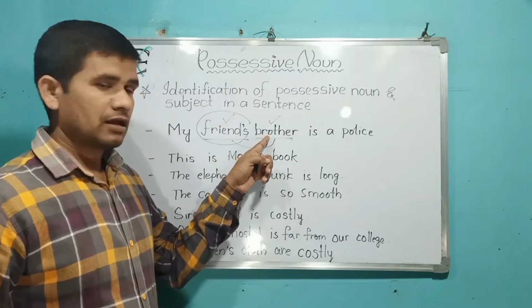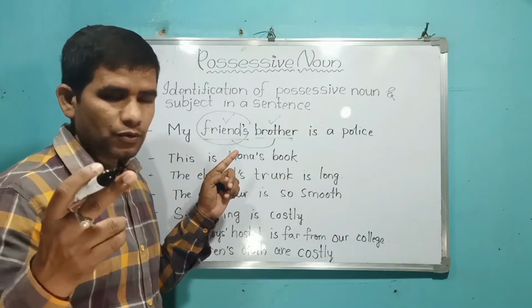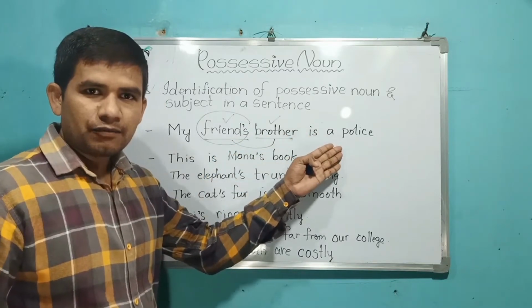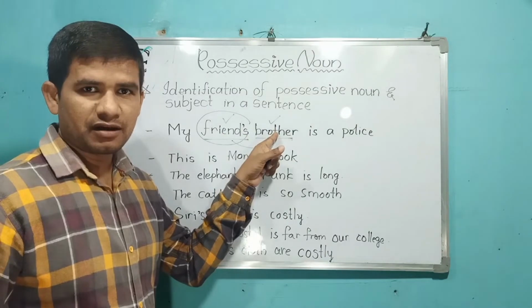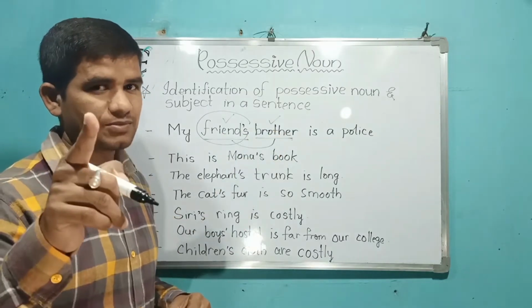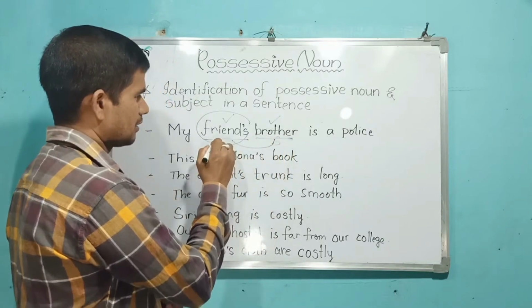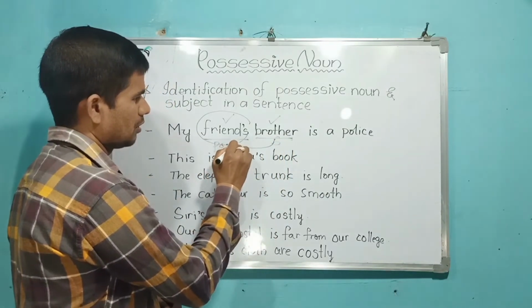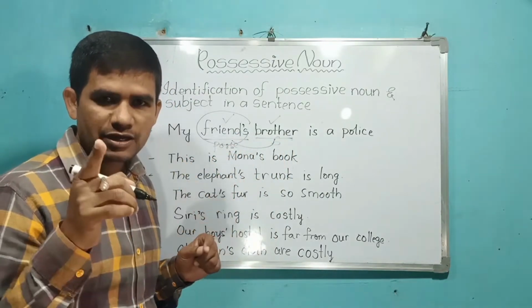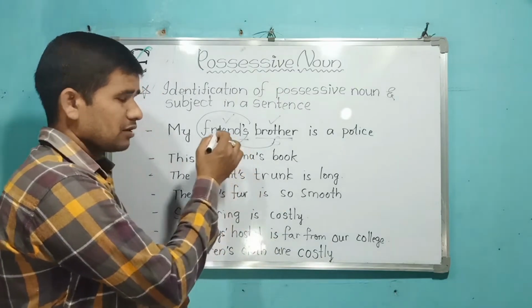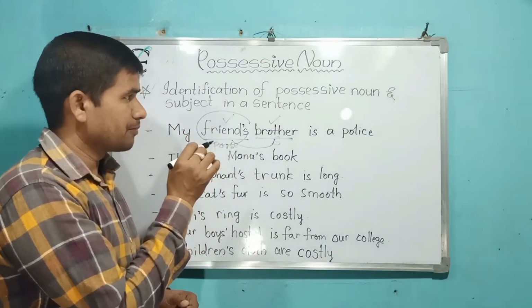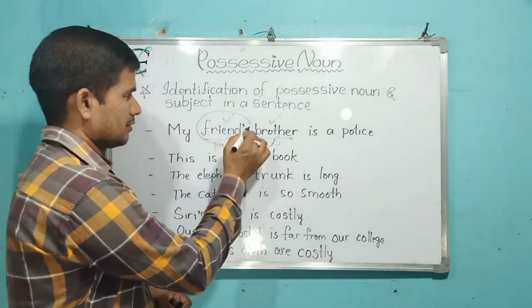Your friend's brother. One more trick I can tell you. Who is the police officer here? Your friend or your friend's brother? Yes, your friend's brother is a police officer. So this is the subject and this is the possessive noun. Understood? So you have to identify the possessive noun, friend's.